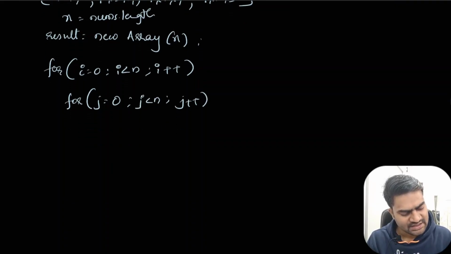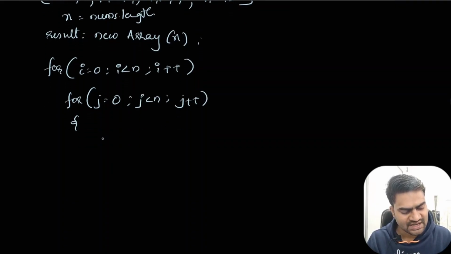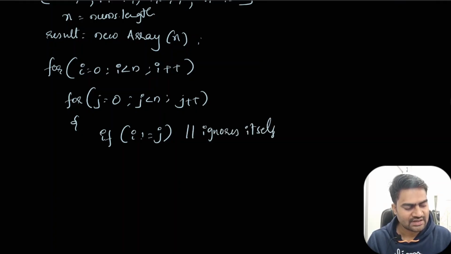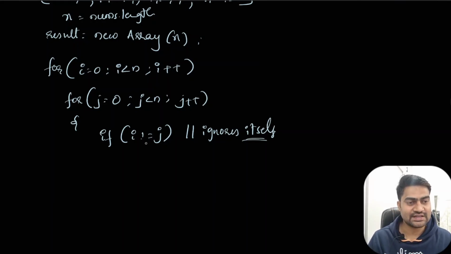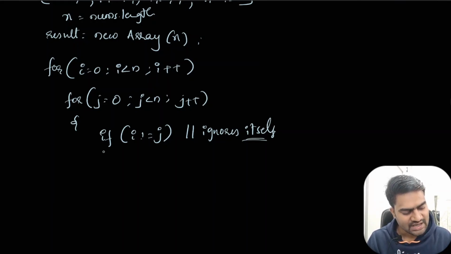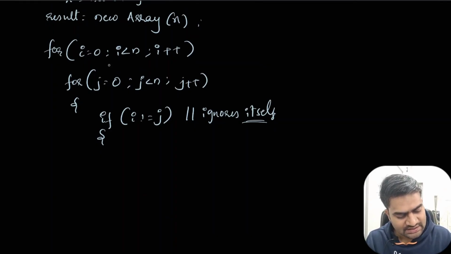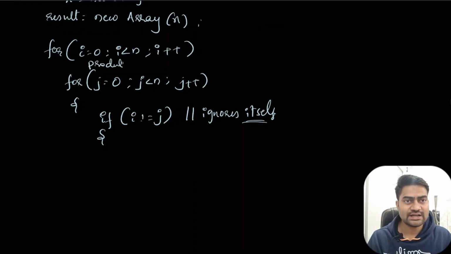Now here inside this for loop, I will check if my i is not equal to j, it means I am ignoring the self number. So this basically ignores itself. Okay. Then if this is not the case, then what I will do, but before this, I will have to consider product equal to 1. Okay.